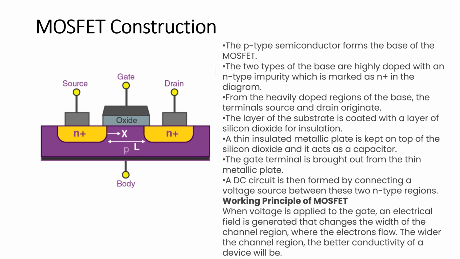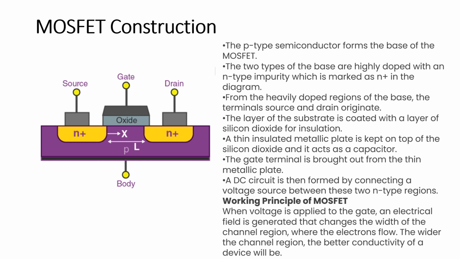N plus indicates they are highly doped with an N-type impurity. From these heavily doped regions, the source and drain terminals originate. The substrate is covered with a layer of silicon dioxide, which separates the substrate from the gate and acts as an insulating material between these 2 layers.